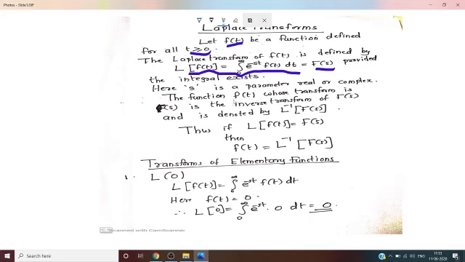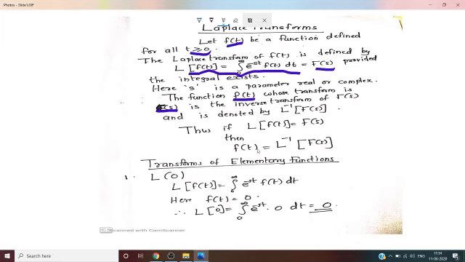The function f of t, whose transform is F of s, is the inverse transform of F of s. That is, if L of f of t equal to F of s, then L inverse of F of s equal to f of t.